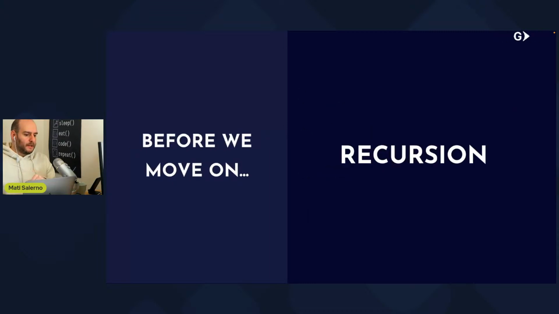So before we move on, I'm going to introduce one last concept, which is recursion, and then we'll start coding right away. Well, I'll introduce our tutorial and move right into the code because there is a lot of coding to do today.